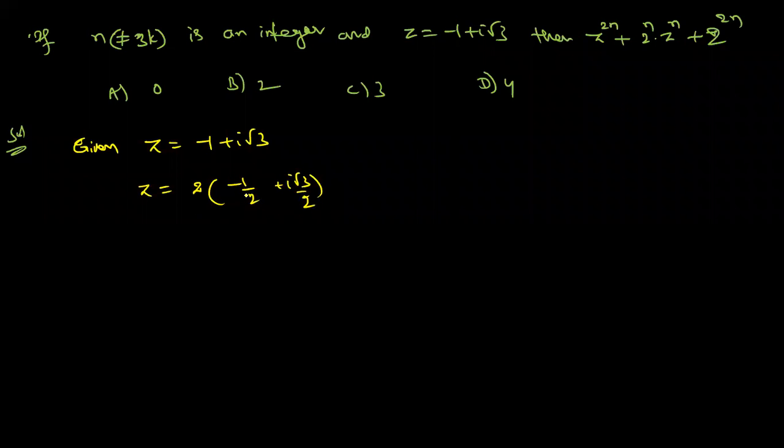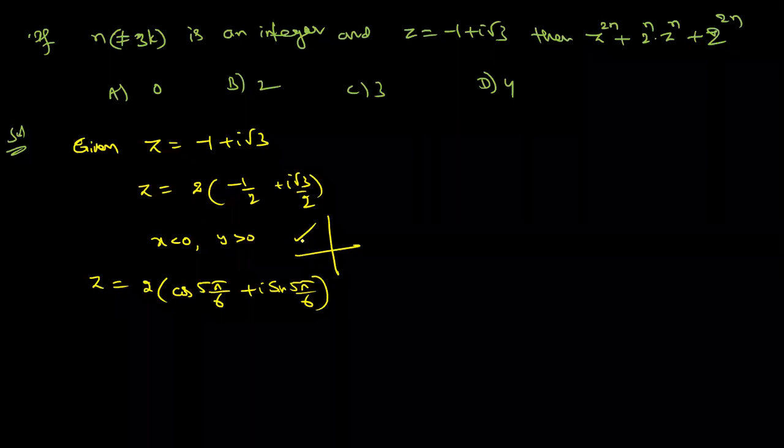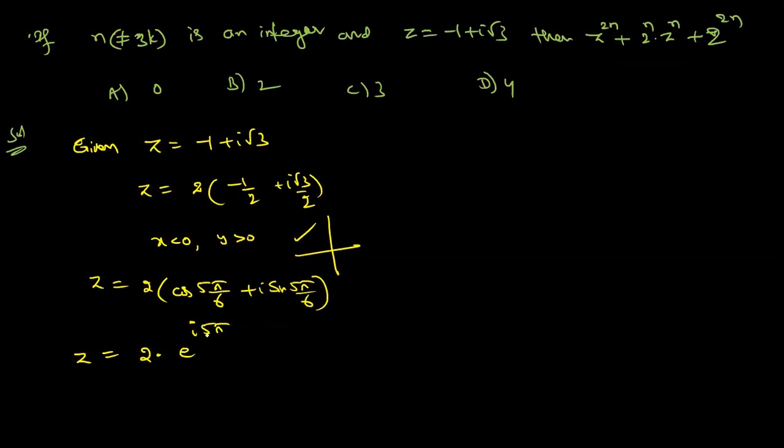See, for this, x is negative, y is positive. In which quadrant here, students? Second quadrant. How to write? That means here 2 into, please anyone tell me? cos 5 pi by 6 plus i into sin 5 pi by 6. Can you please find out whether it's correct or wrong? Yes. So z is equal to 2 into e power i 5 pi by 6.